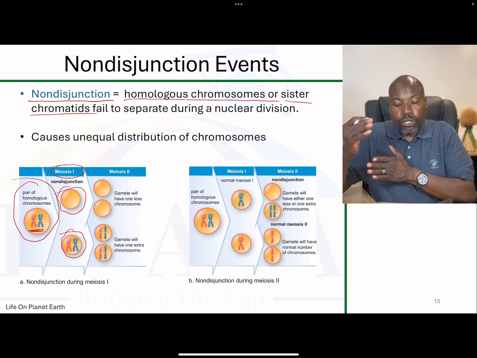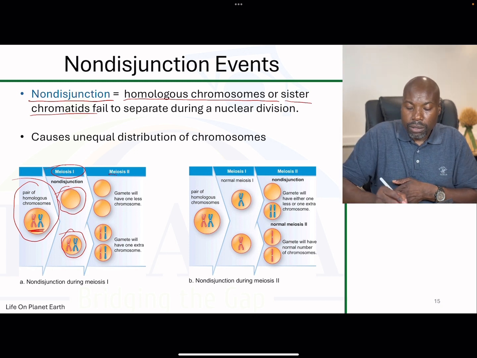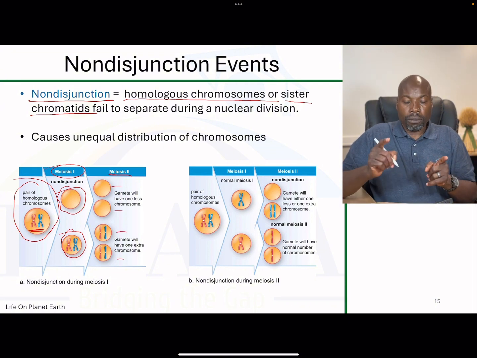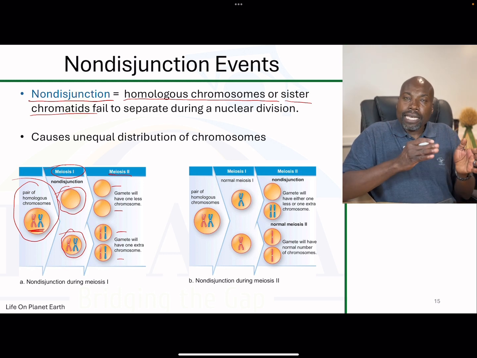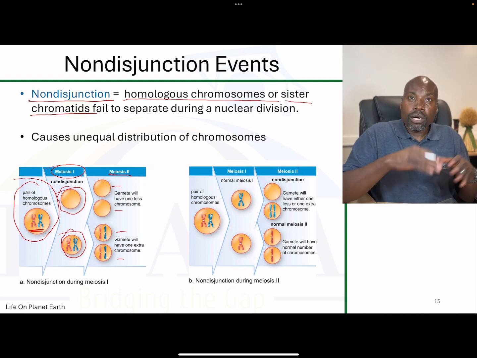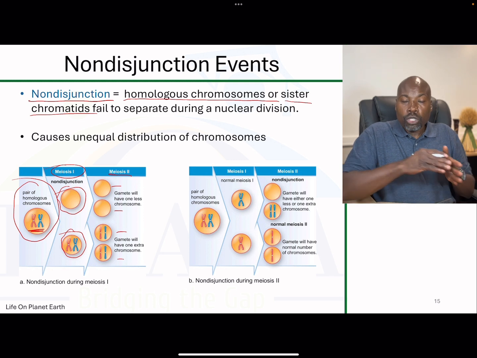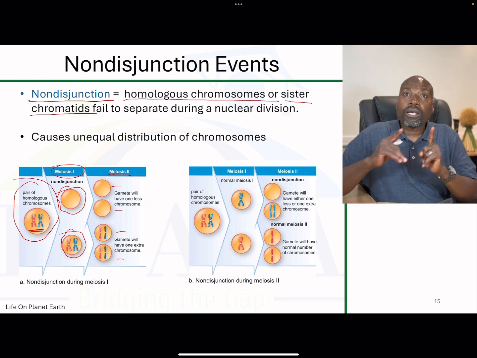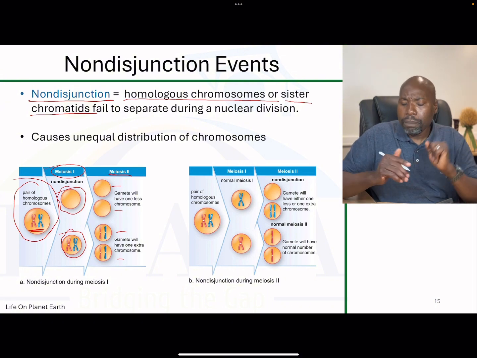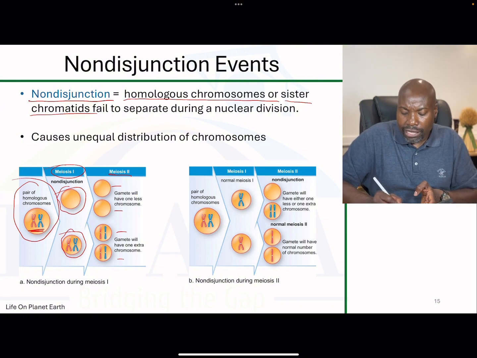Now, after meiosis 2, the 4 cells are abnormal: 2 lacking a chromosome, 2 having extra chromosomes. We call this aneuploidy.